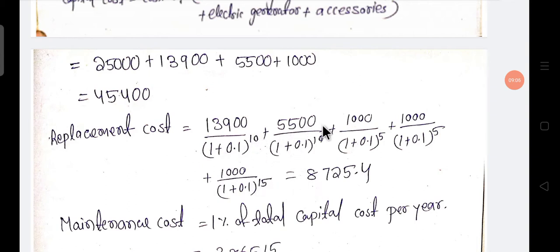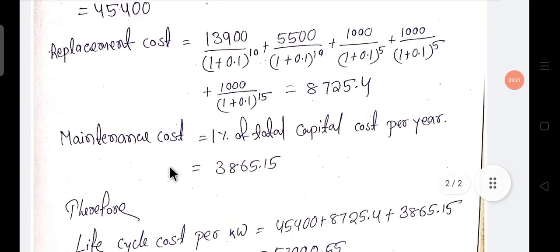Similarly 5,500, 10,000, 1,000 this, and 1,000 this at 5 years, then 1,000 this. So the total is 8725.4. Now the maintenance cost is also there.